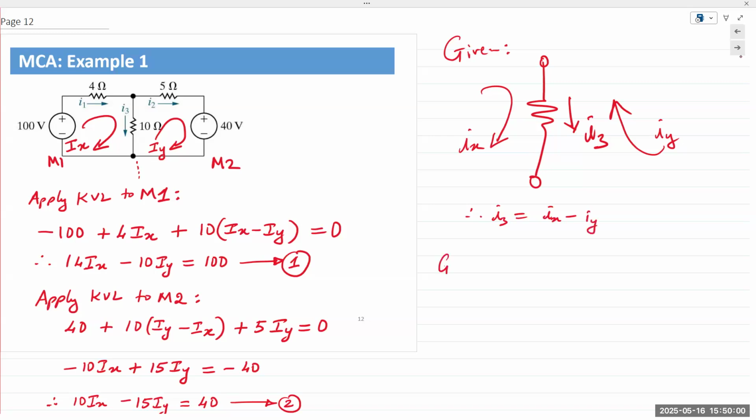If it was given that I3 is going up, then I3 would be Iy minus Ix. And we would obtain a negative value for I3, but that doesn't matter.